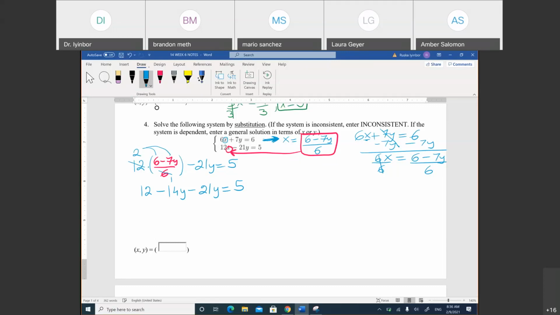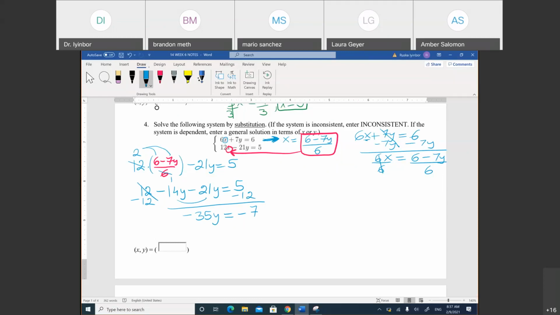Okay? I'm going to combine the y's, add these two numbers, and I can also subtract 12 from both sides to move it. It's pretty much solving a linear equation. So negative 14 and negative 21 give me negative 35y equals negative 7, right? 5 minus 12 is negative 7.